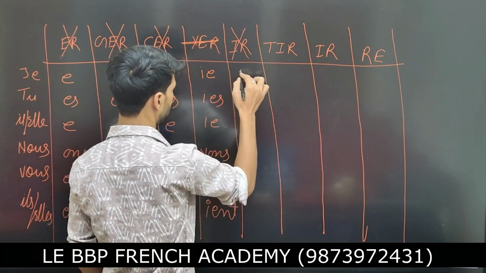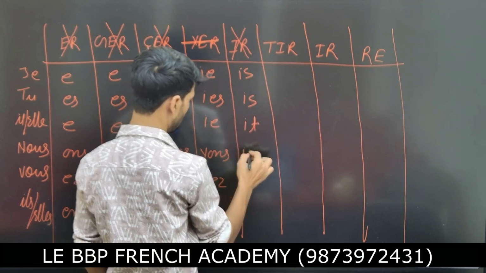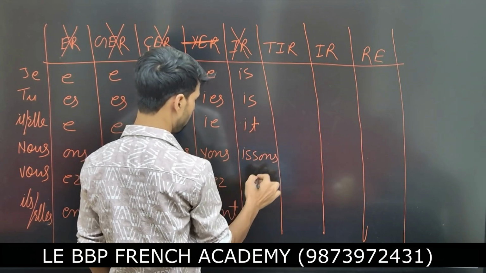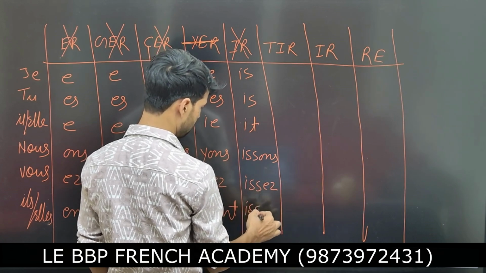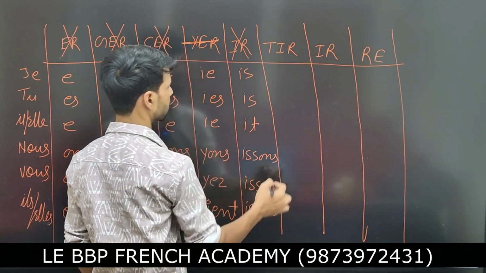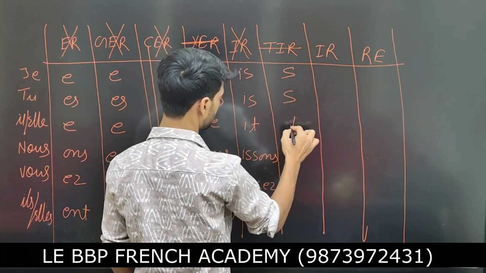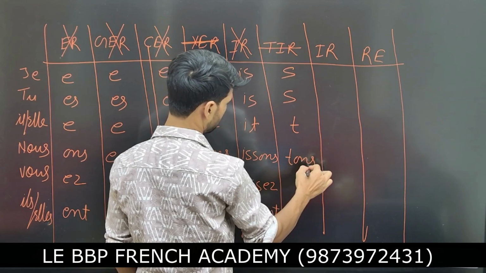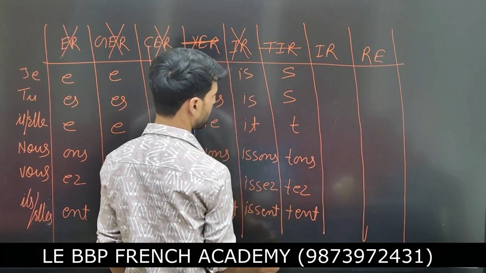For ir, cut the ir, then put is, is, it, issons, issez, and issent. For tir, cut the tir, then you put s, s, t, tons, tez, and tent.